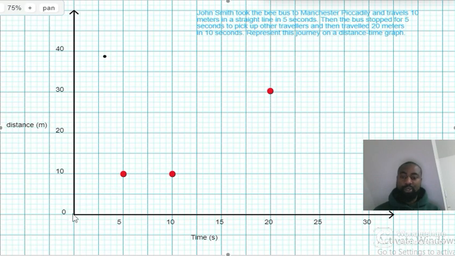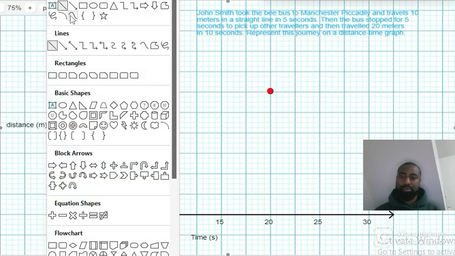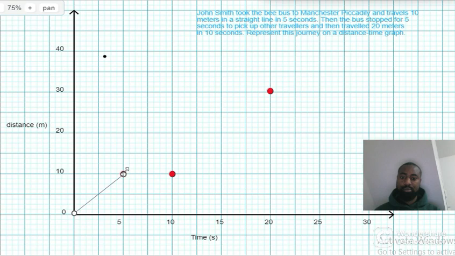So we connect the dots starting from the origin. And this. So this is the representation of the journey on the distance time graph.